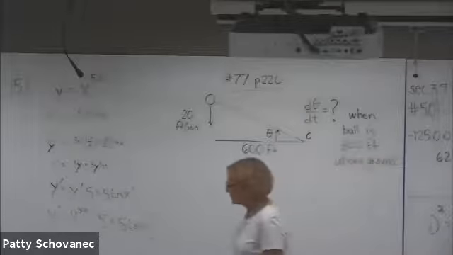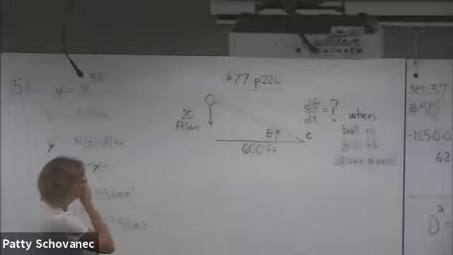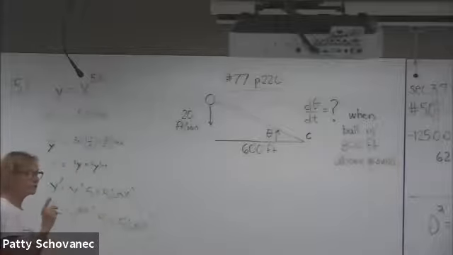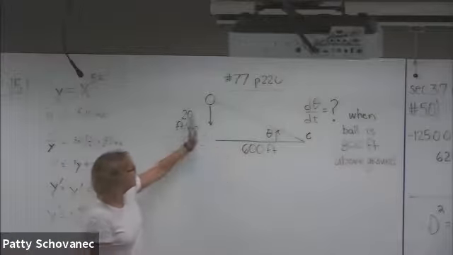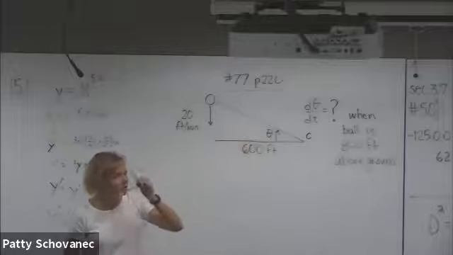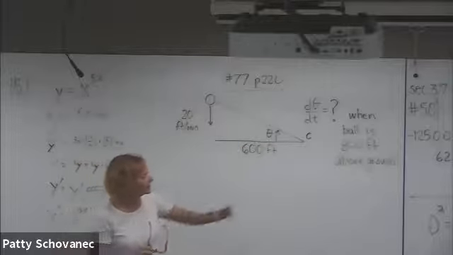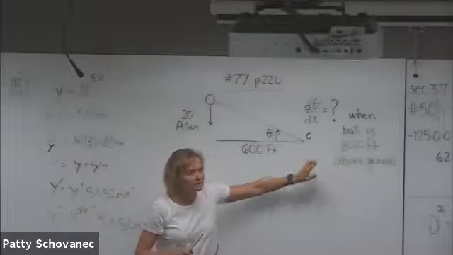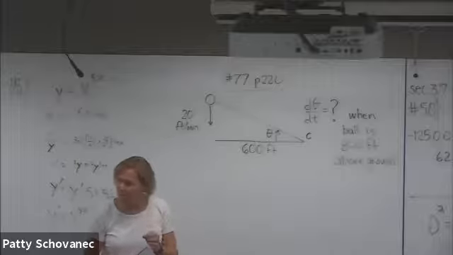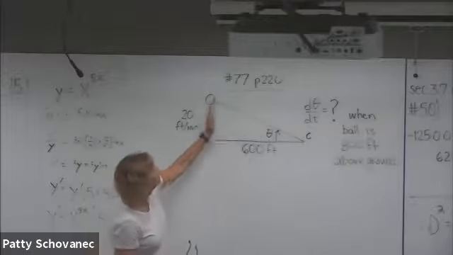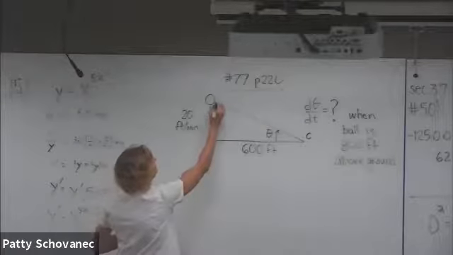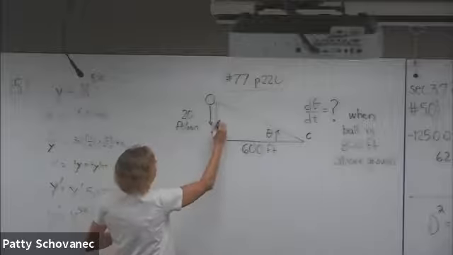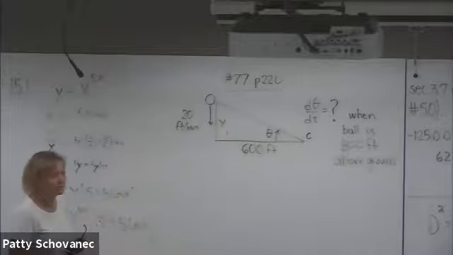Build a triangle, 600 as the base and the height is 800? No, because that's changing. 600 is not changing, but the height is changing and the angle's changing, so we need to put variables there. Save that number for last. For things that are changing, put a variable. I already did one here, we're gonna do one here: a y, y sound okay with you?